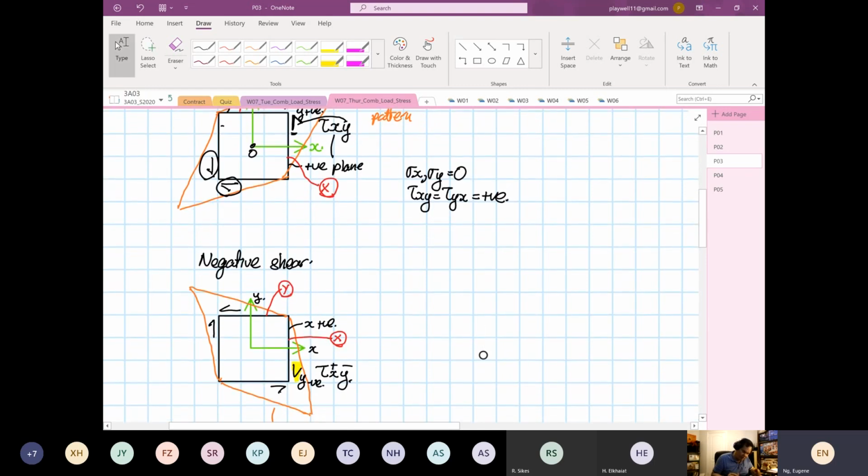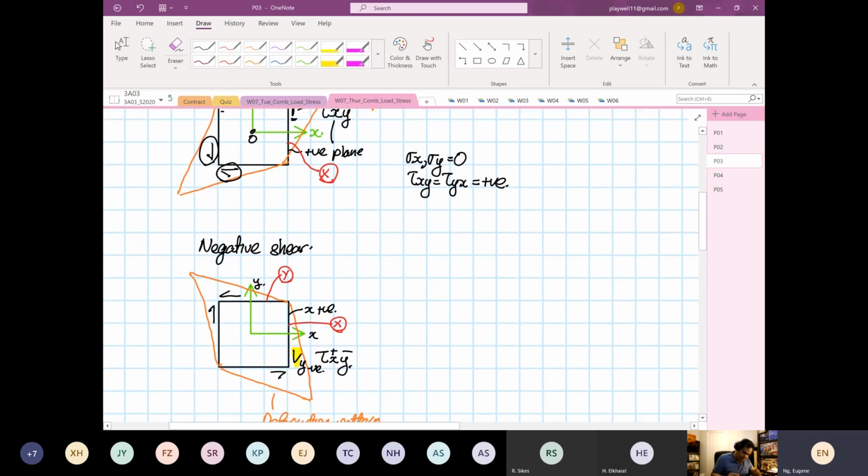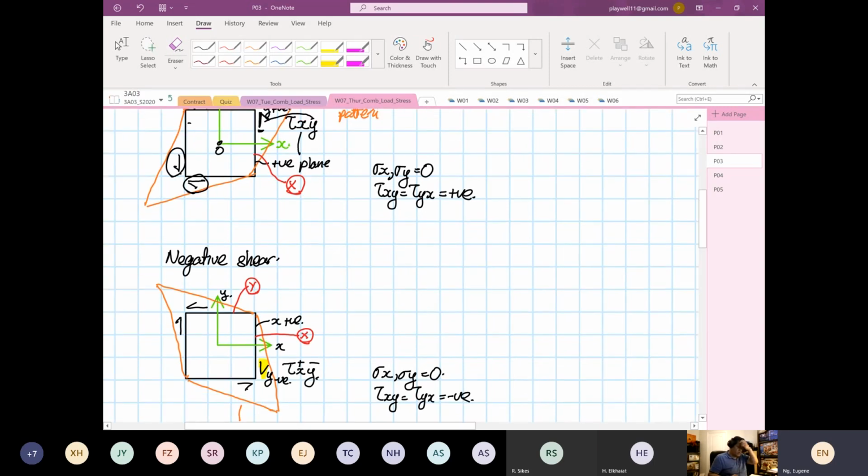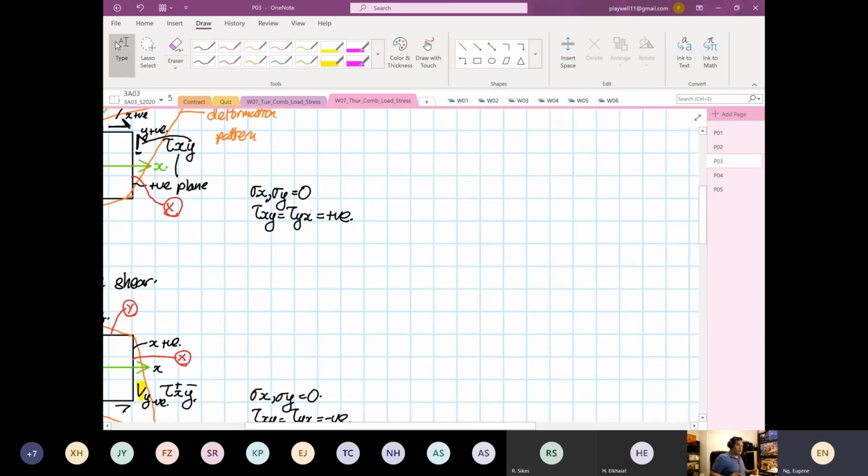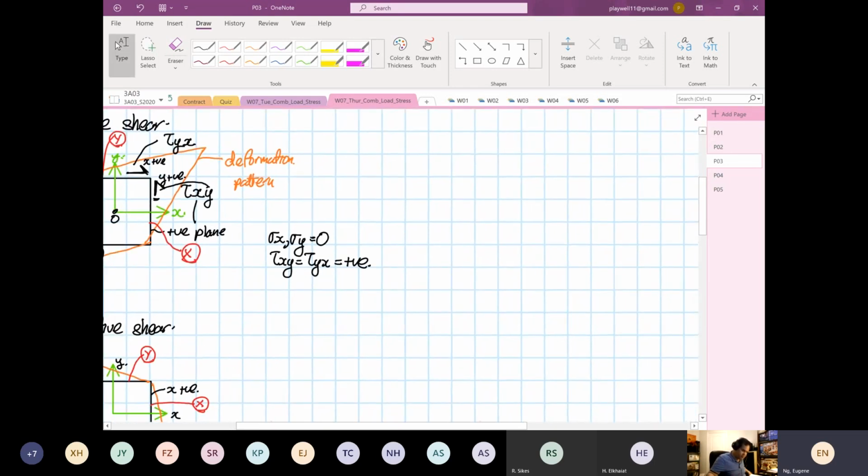Likewise for the one below, the negative shear, you have stress X and stress Y also equal to 0, and shear XY equal to shear YX. This is negative. So the difference comes when we draw Mohr circle.